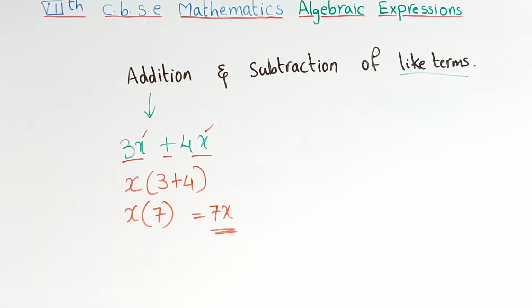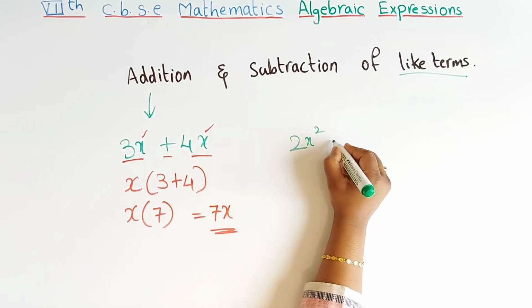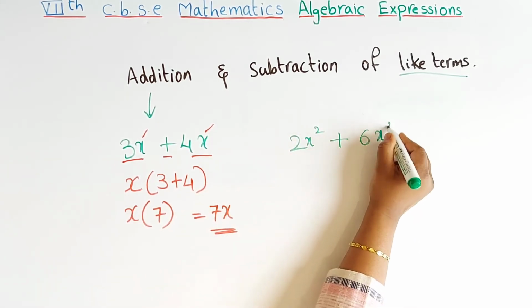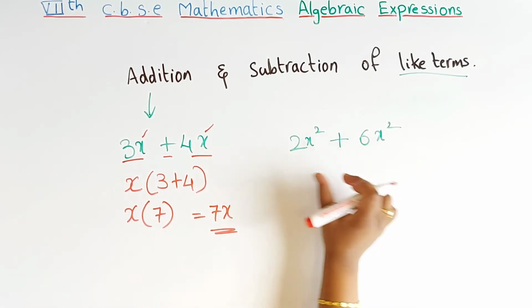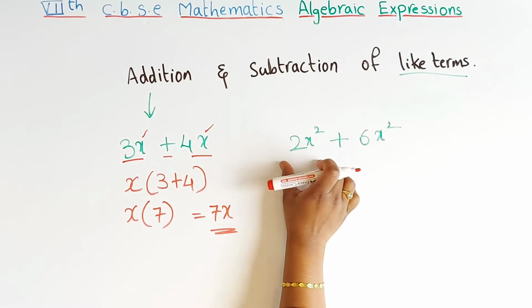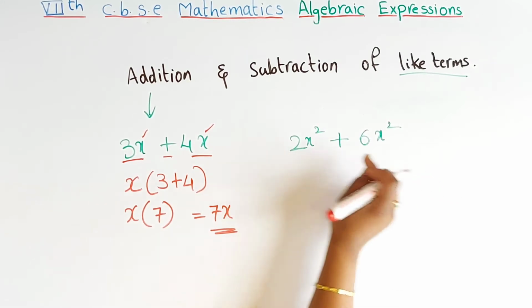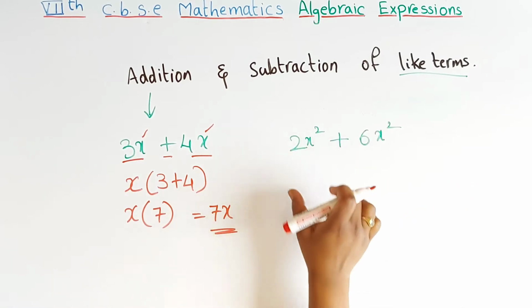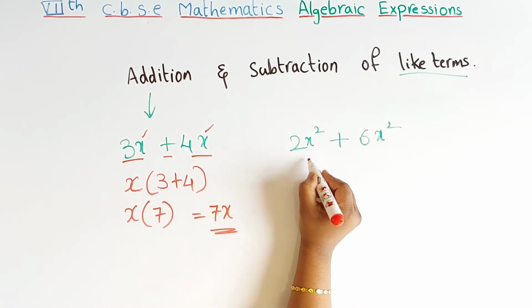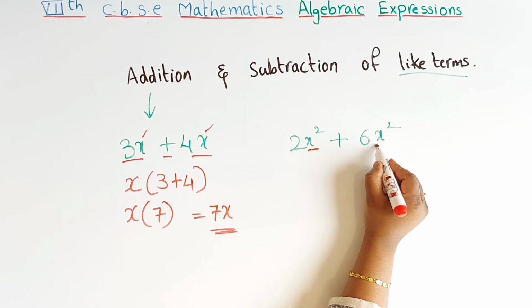Let us take one more example. 2x square plus 6x square. 2x square and 6x square are both like terms because both have the same factors. X into x here, here also x and x. Right? Both are like terms. We can add. Here we have x square and here also x square.